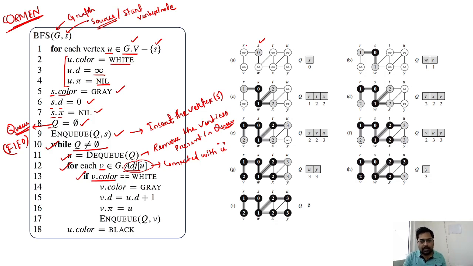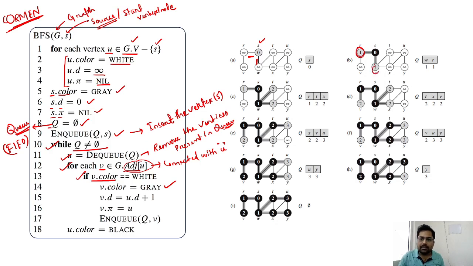Like here, the connected vertices are r and w. They are directly connected to s. If they are directly connected to s, then we have to check whether the color of small v is white or not. Yes, of course the color is white. Then what we have to do is set the color as gray.